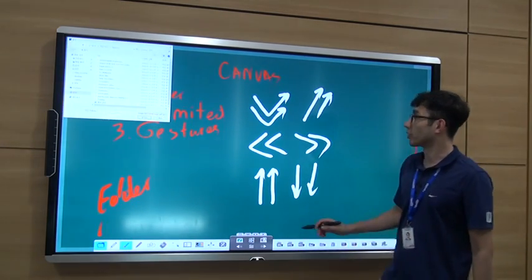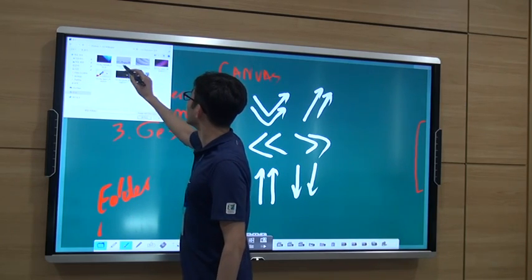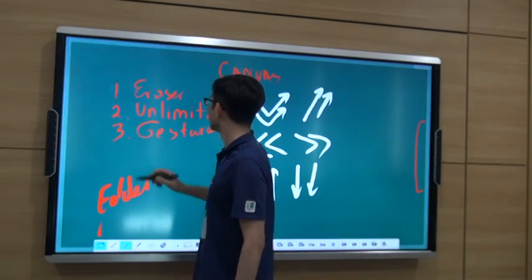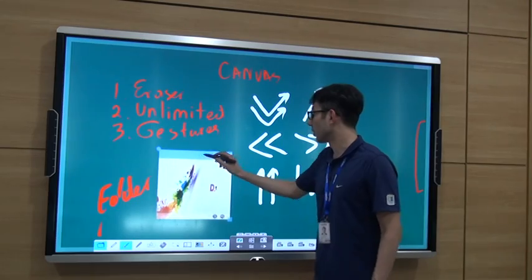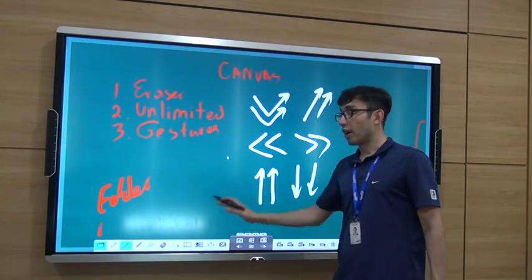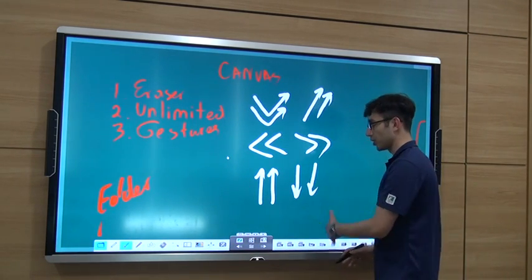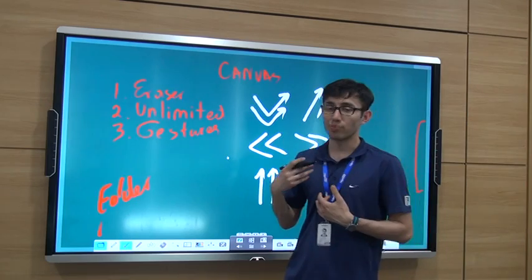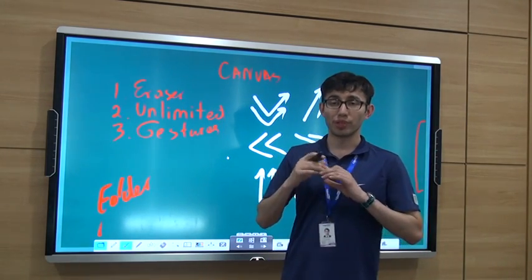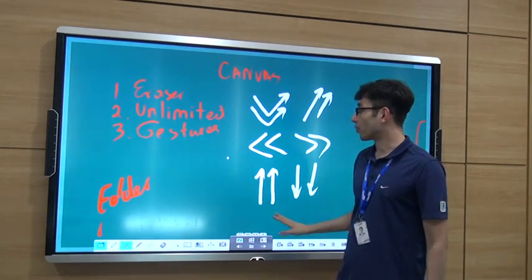Like image, for example, if I want to upload a certain image, I can upload it here. But the difference between uploading files in the canvas whiteboard mode and presentation mode is that presentation mode is smoother to present.